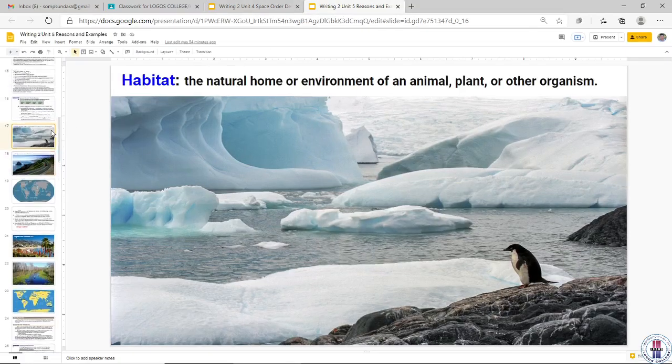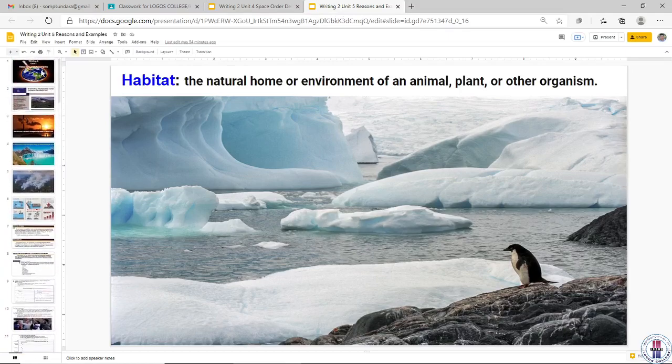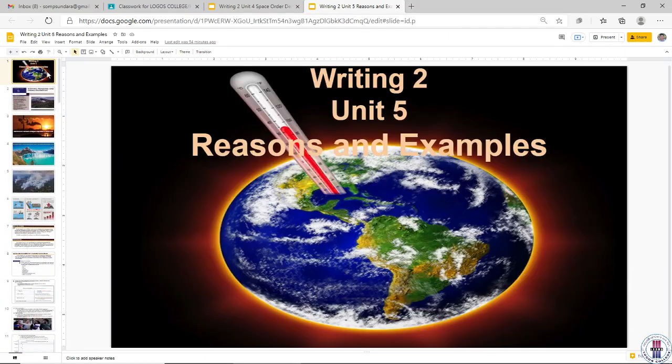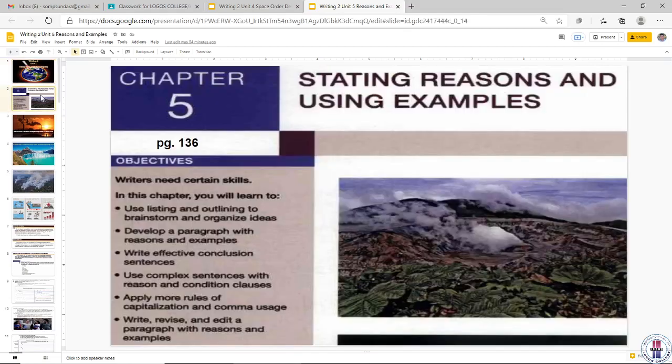Let's move on from there, and I want to start on Unit 5. And Unit 5 is on page 136. The title says stating reasons and using examples.